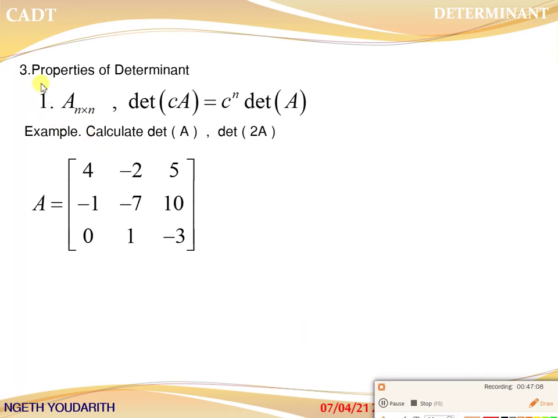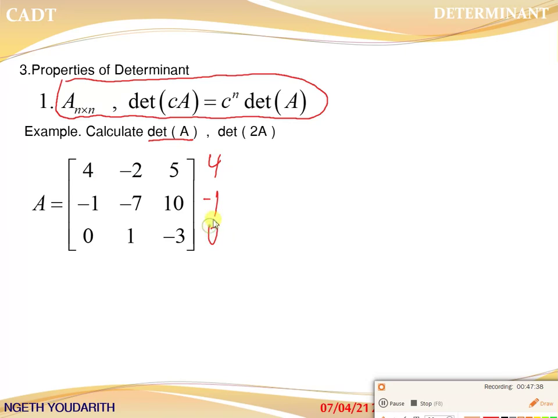If we have a matrix A, n by n, the determinant of cA equals c to the power n times the determinant of A. For this one, the first question asks us to find the determinant of A. We write 2, minus 1, 0, minus 2, minus 7, and 1.